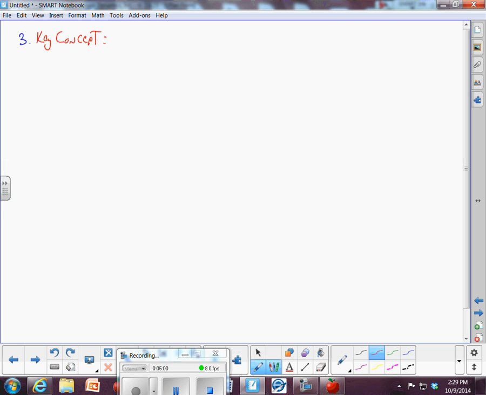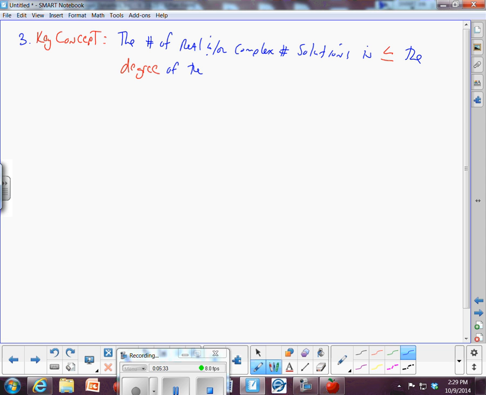But it's simply this: the number of real and/or complex number solutions is less than or equal to the degree of the polynomial, or equation. Either way, it doesn't really matter, and you'll see that.